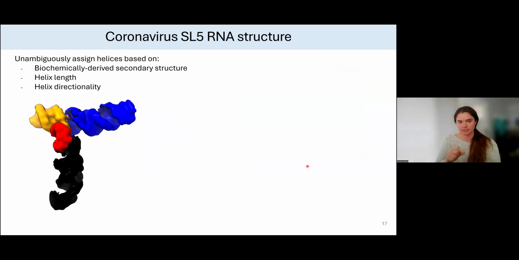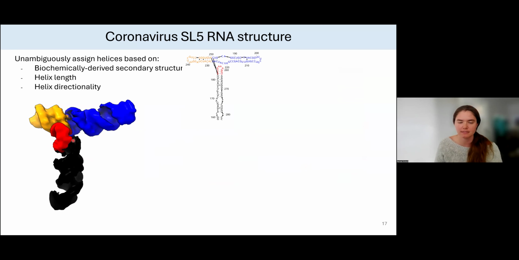So what does the structure look like? Well, it has a T shape. So we have our 4 stems, the yellow stem, blue stem, red stem, and black stem. And the yellow and blue are stacked on top of each other to make a continuous helix. The red and black are stacked on top of each other also to make a continuous helix that are 90 degrees relative to each other.